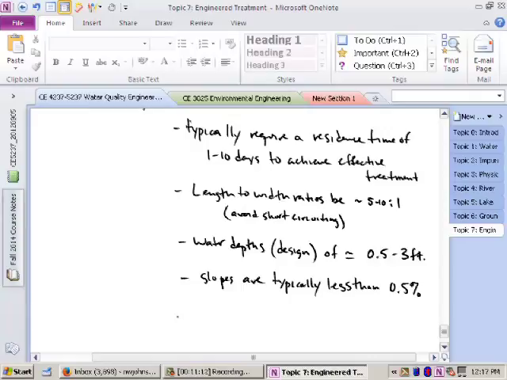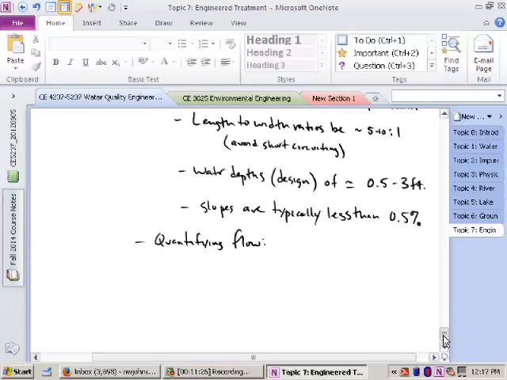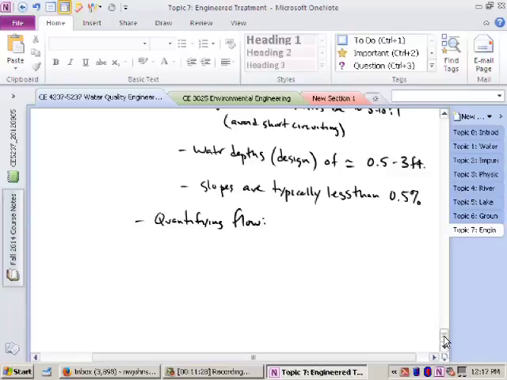In order to quantify the flow in a free surface wetland, there's a couple different regimes for very shallow slopes. That is less than 0.05%.